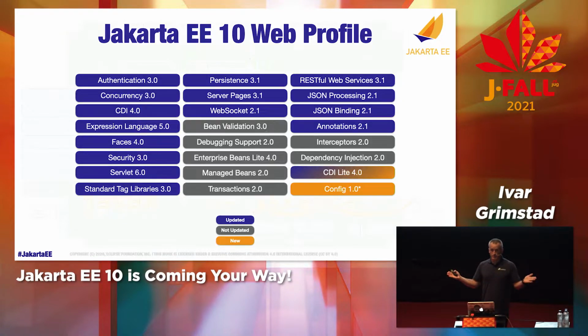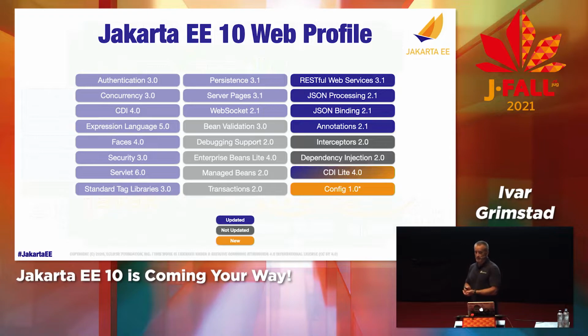The web profile has been with us since Java EE 6. So it's a subset of the platform, and it allows more runtimes that are targeted to web applications, such as potentially Tomcat could be such a product if they wanted to implement everything. Apache TomEE is such a product. The others are more or less all of them implementing the platform.